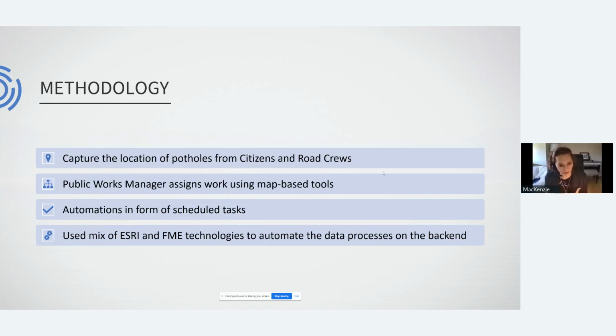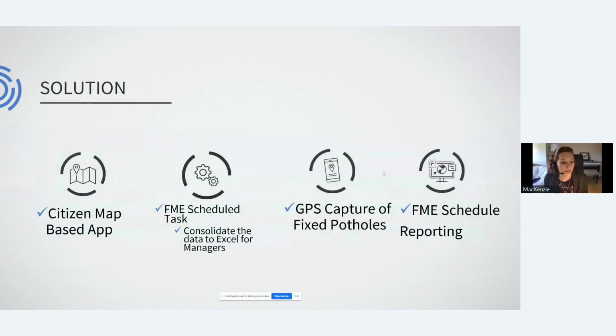So a visual way or a map-based way to assign repair work and track the repair work. And they leveraged, again, automations in the form of scheduled tasks with FME. And again, this was a mix of Esri and FME technologies in order to make what is actually multiple separate systems into one seamless solution.